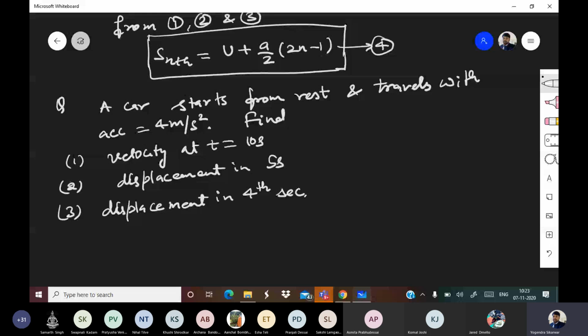So just by reading the question carefully, you can realize in which part it is asking displacement in the nth second. In the third part it is saying fourth, so n here is 4. Please solve, everyone.